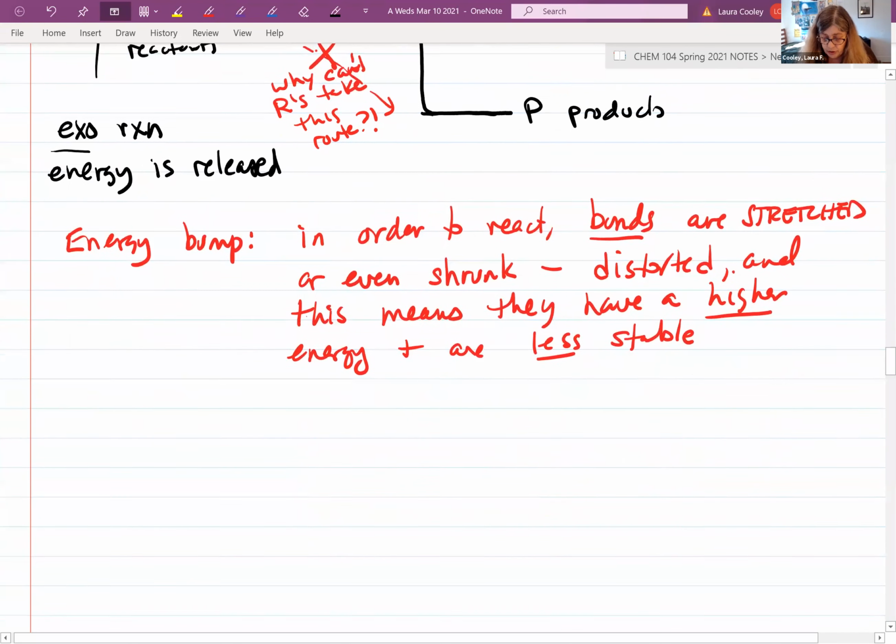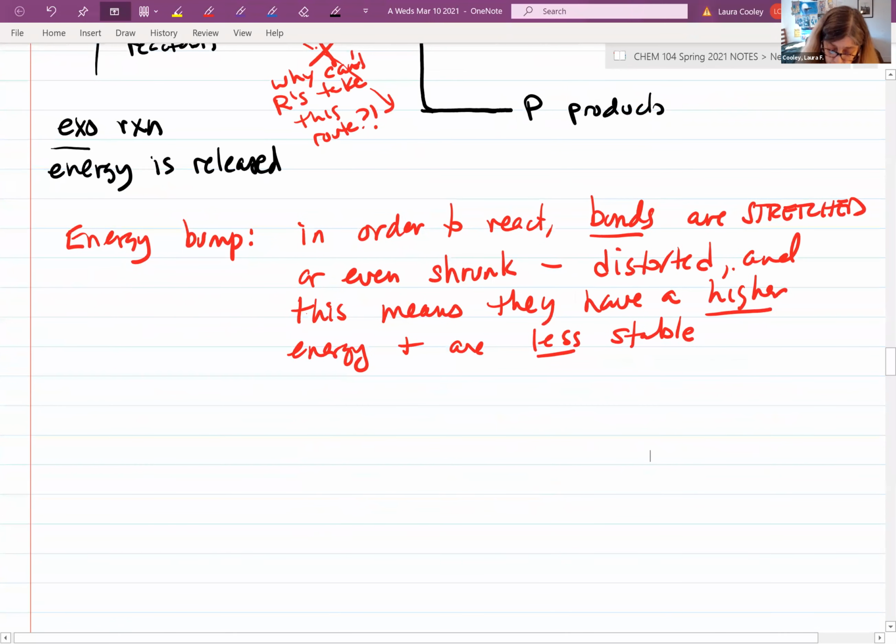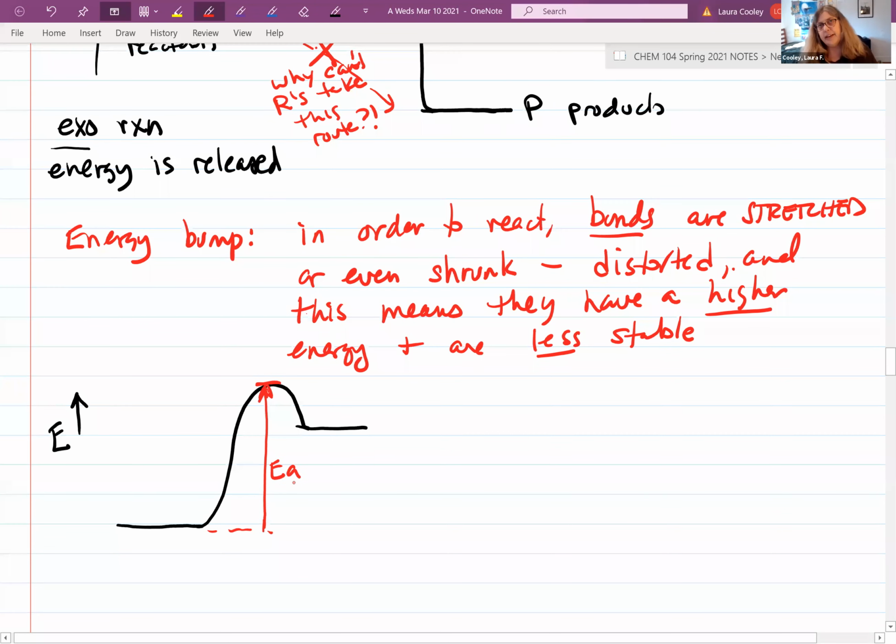And I don't want to tell you that every reaction is exothermic. We know that's not true. There are reactions that are endothermic where you end up here. So here again, the energy profile would look maybe like that. Okay, and again, you have an activation energy. That's the height of this bump. Between there and where you started is the EA.